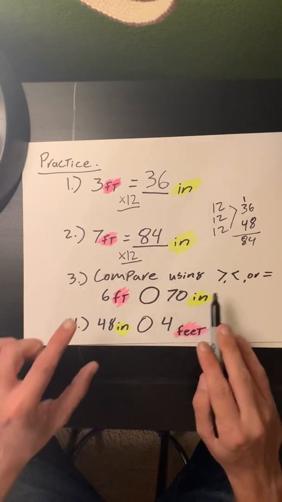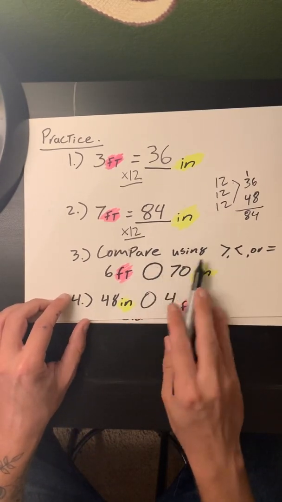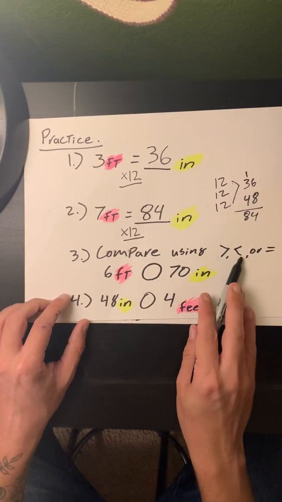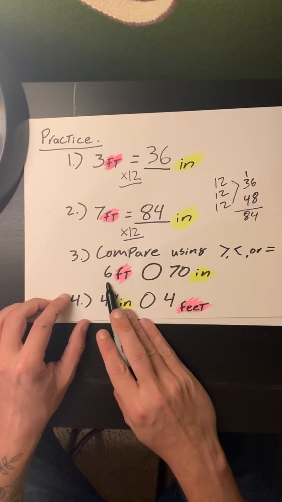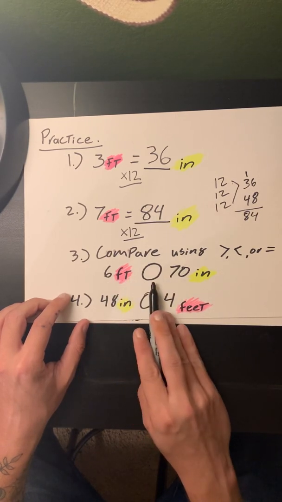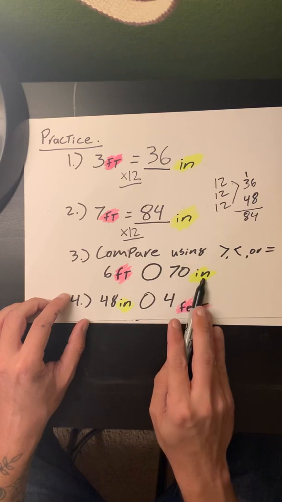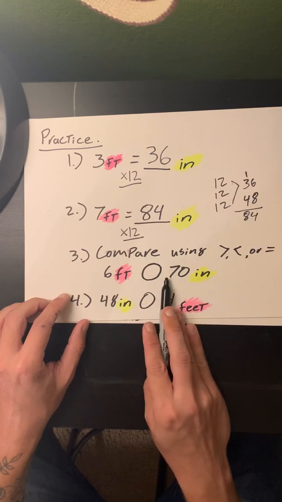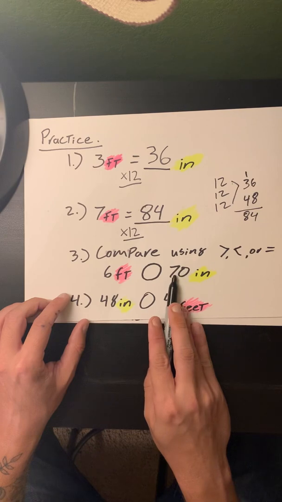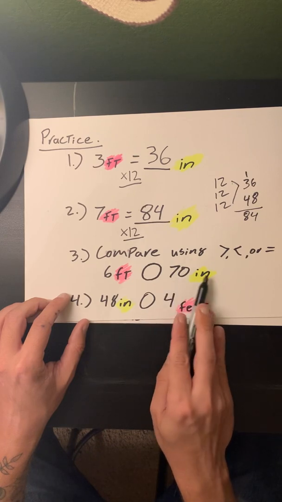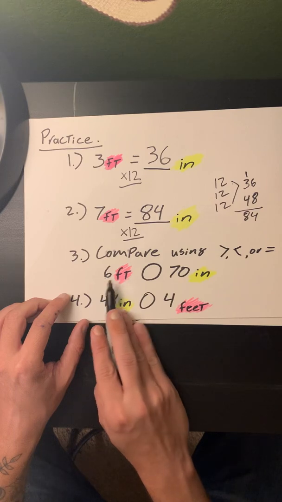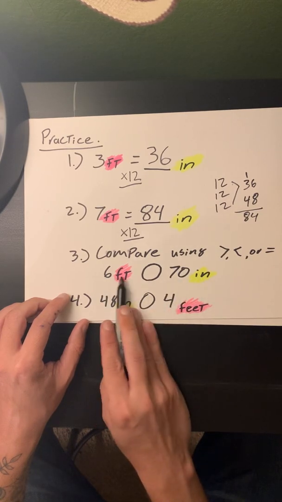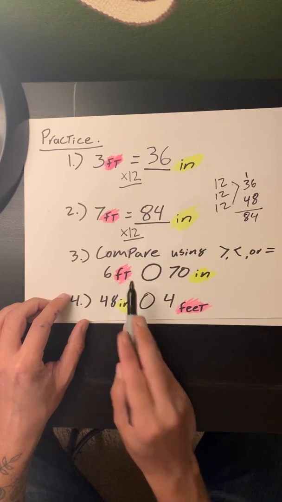Okay, next I need to compare using greater than, less than, or equal to. So the first comparison I have is 6 feet compared to 70 inches. So I can either do this by dividing my 70 inches by 12 or multiplying my 6 feet by 12. Big to small, multiply, small to big, divide.